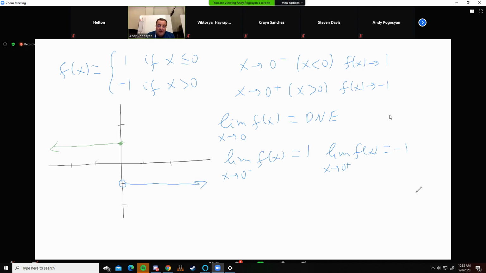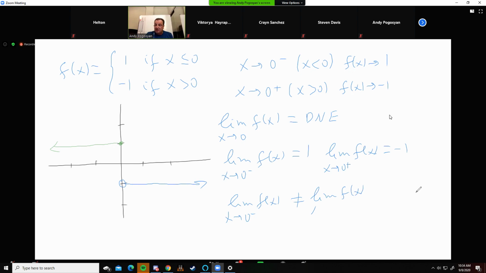So the left hand limit and right hand limit exist, but they are not equal to each other. That's why the limit as x approaches 0 does not exist. So the limit of f of x as x approaches 0 from the left does not equal the limit as x approaches 0 from the right.